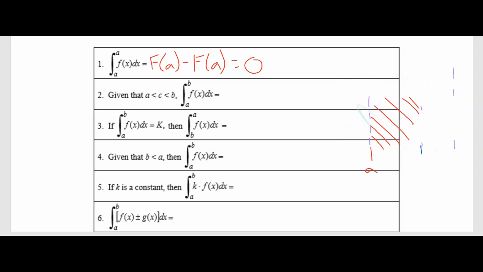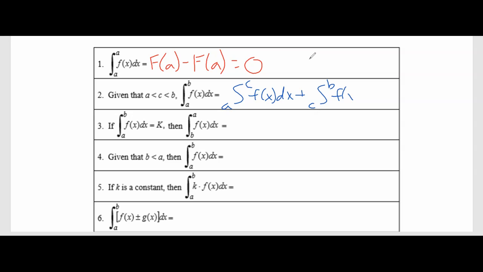So if I wanted to break this up, I would do the integral from a to c of f of x dx plus the integral from c to b of f of x dx. And that would be equivalent to the entire integral.